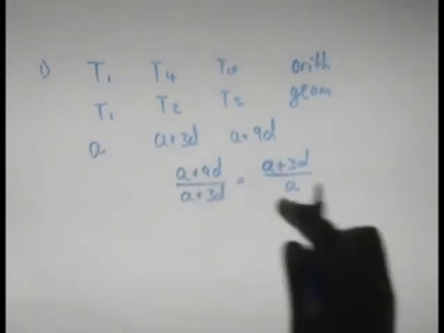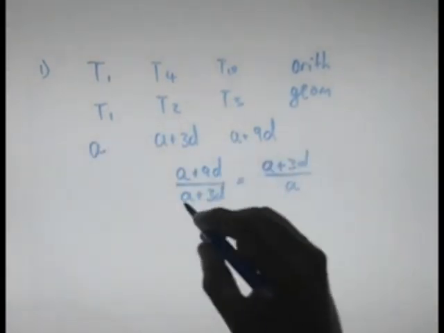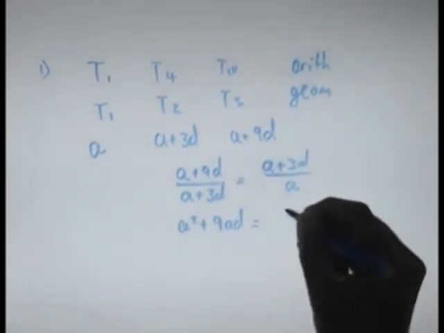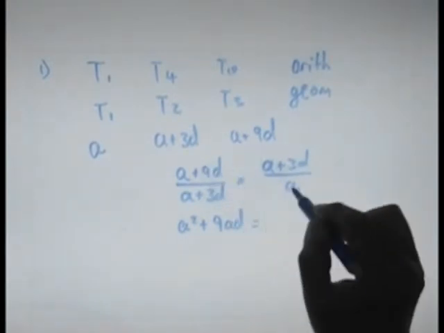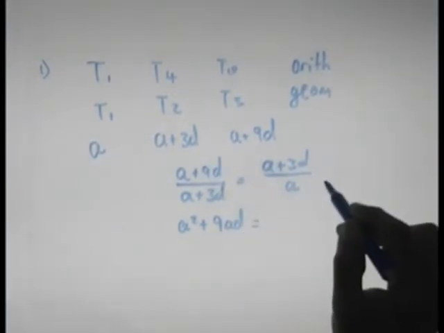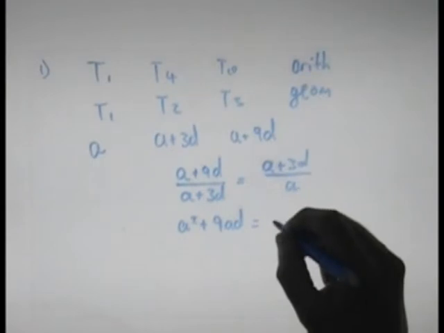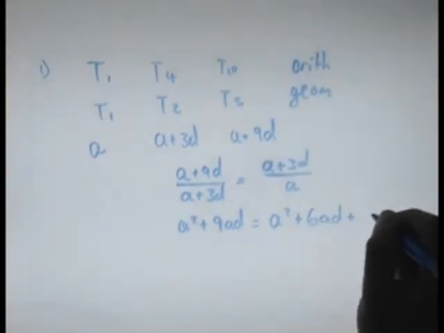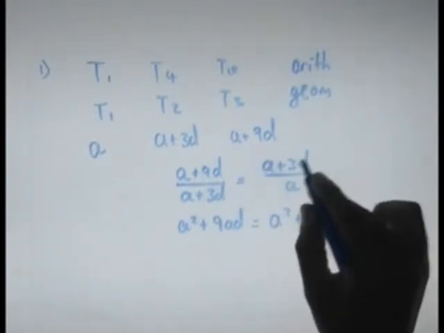Now I just need to cross multiply, which means that a squared plus 9ad is equal to that times that, to get rid of that denominator. It will become a squared plus 6ad plus 9d squared.